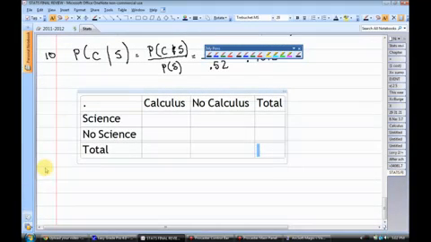In this one, it seems like we can do 100 people. So out of those 100 people, what percent of them took calculus? 30%, right? So 30% of 100 students took calculus. So 30 kids took calculus. 70 kids did not take calculus.